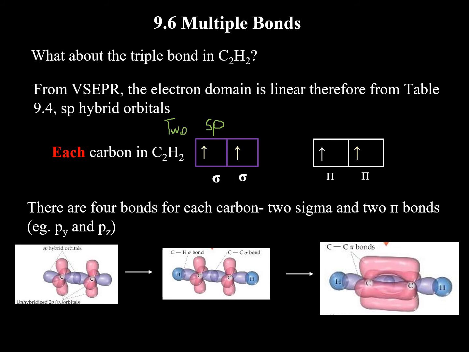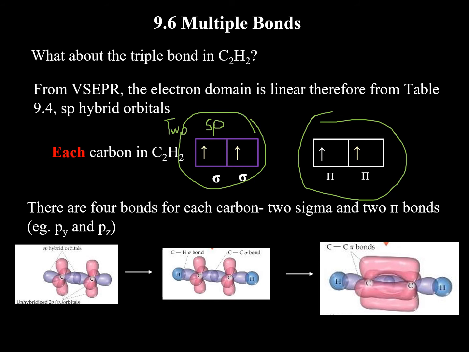What's left over is 2 electrons which are unhybridized. These will form the pi bonds. You have 2 sigma bonds for one of the carbons, and for the other carbon you have the same situation, with 2 sp hybrids and 2 unhybridized orbitals.